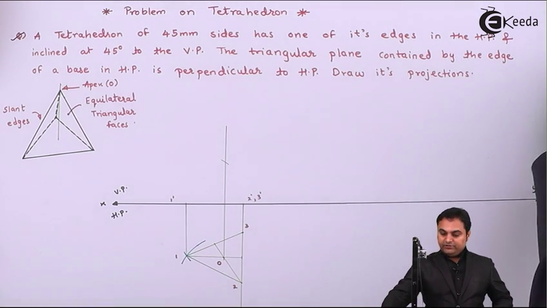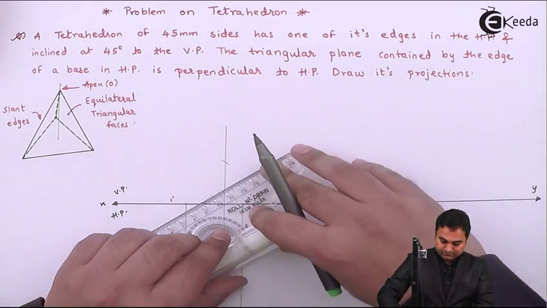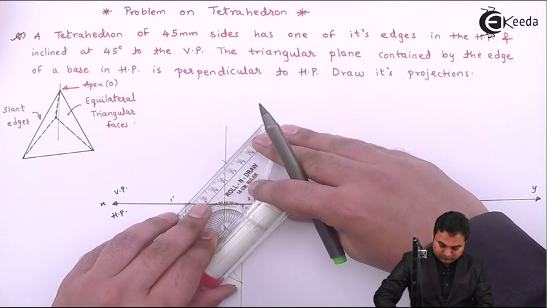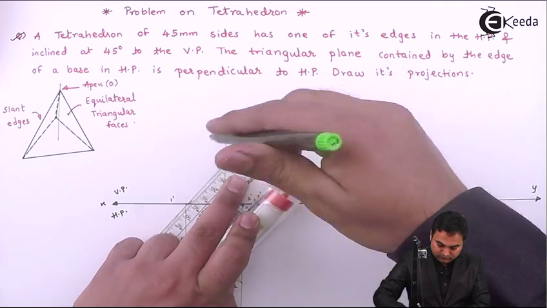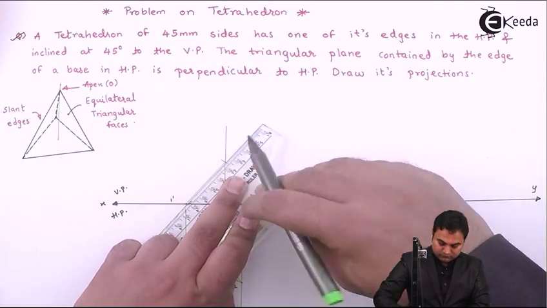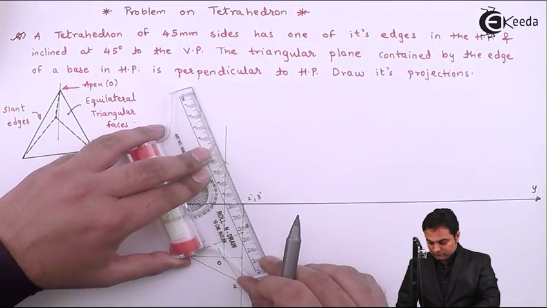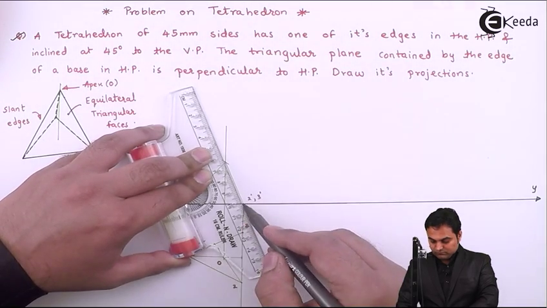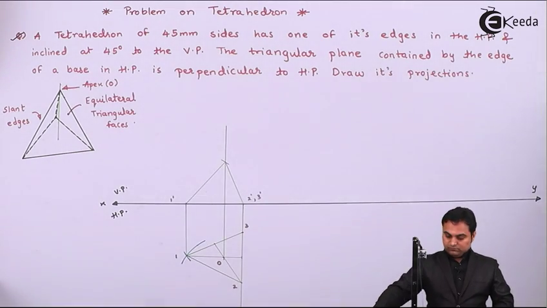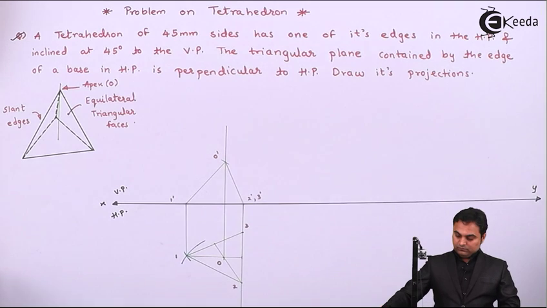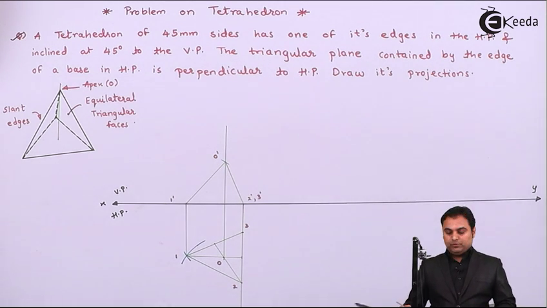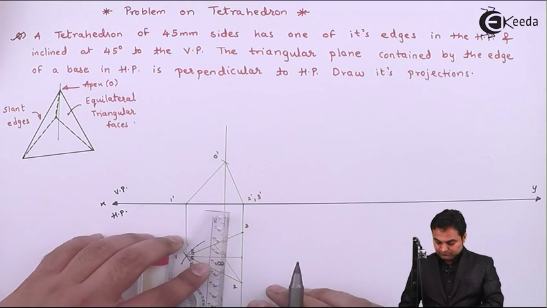Joining it will give me the tetrahedron. Next, here I have completed the initial condition of the problem, so I'll make it dark.